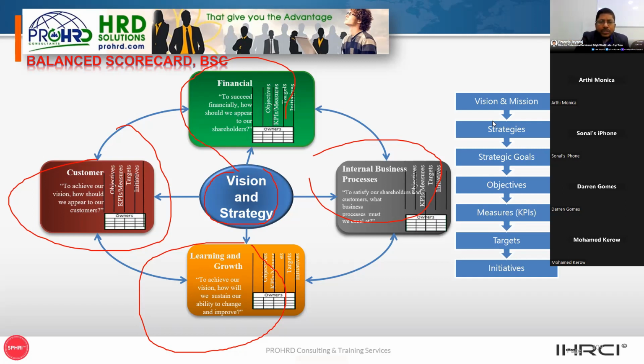The vision and mission, and then from that your strategy, and then strategic goals. From those strategic goals into a set of strategic objectives, and then derive the behavior and the performance. And then you set the targets, and you also come out with the initiatives. This is how it is cascaded.